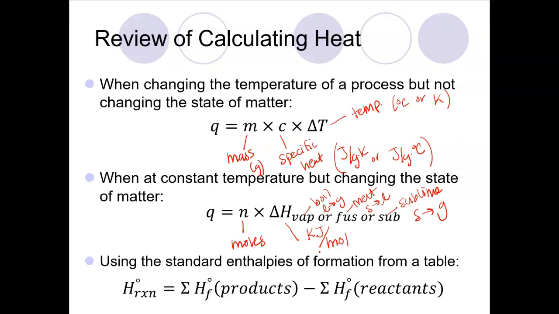And then the last equation uses a table of standard enthalpy of formations and the definition of, oh, I forgot, this is supposed to be a delta. Delta H of the reaction, or the change in enthalpy. Now you might think, those other equations were solving for Q. Why is this one all of a sudden solving for H, and it's on the same slide?